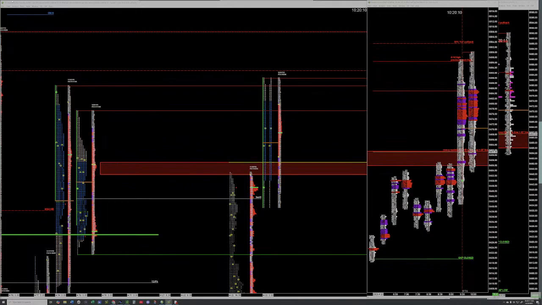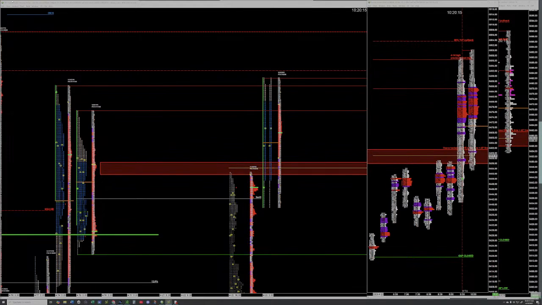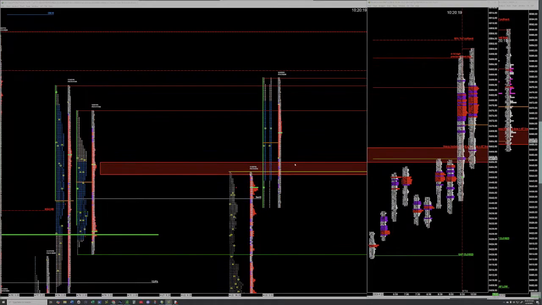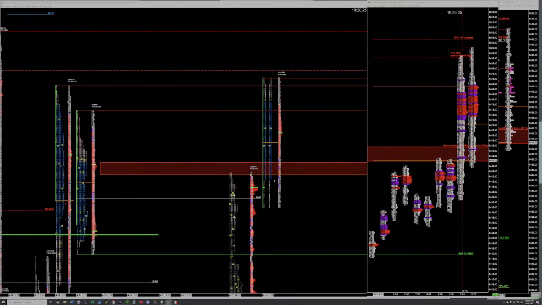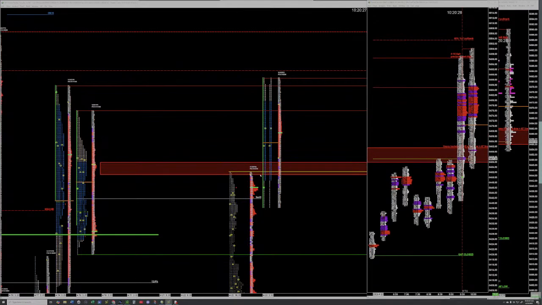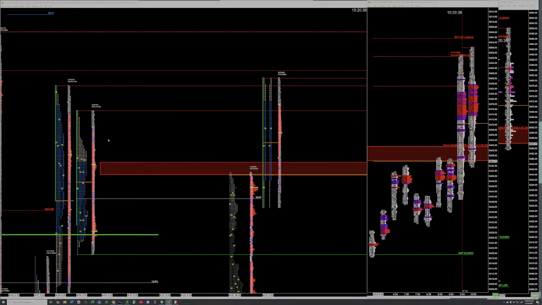Let's see if this market can take back the opening. If the next period opens above this area here, there could be something to the upside. But if it opens below, that's what I'm watching here. There's a tremendous push here, back and forth again from this area. The resolution was to the upside before. I have no idea what's going to happen now.